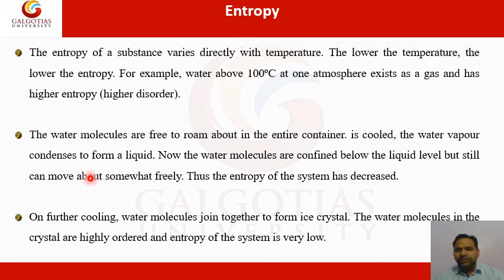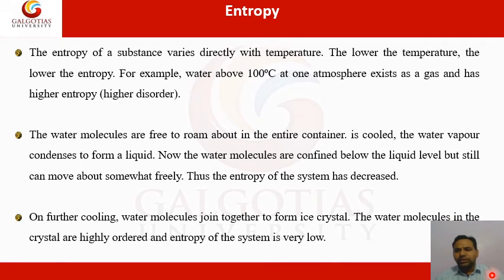The water molecules are free to move about in the entire container. If cooled, the water vapor condenses to form a liquid. Now the water molecules are confined below the liquid level but can still move about somewhat freely. Thus the entropy of the system has decreased. On further cooling, the water molecules join together to form ice crystals.